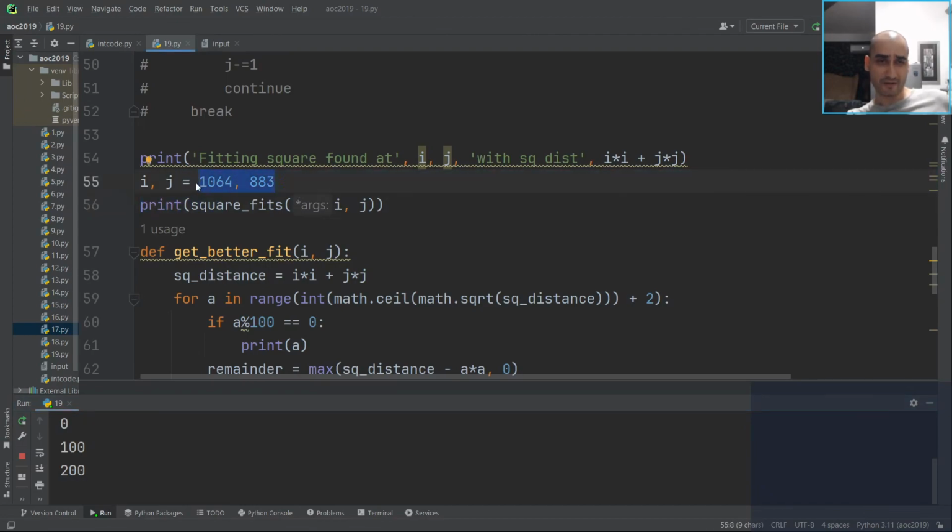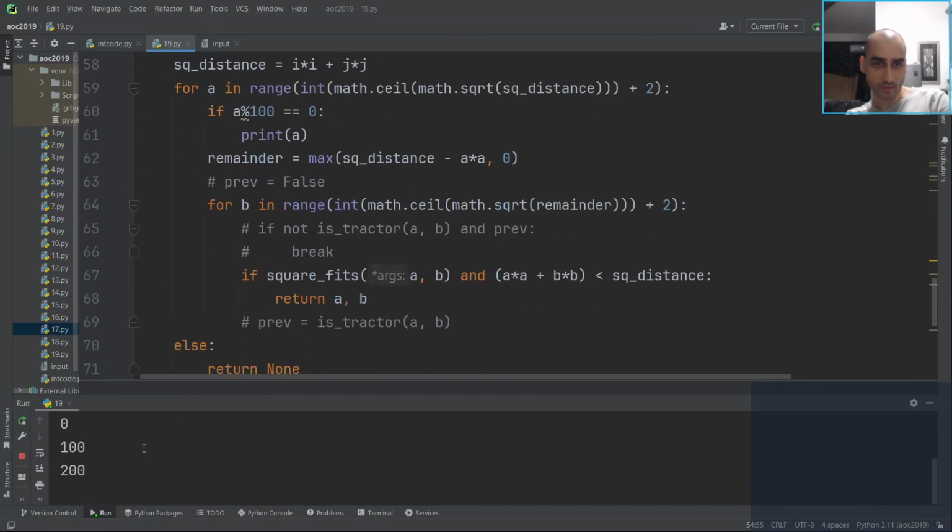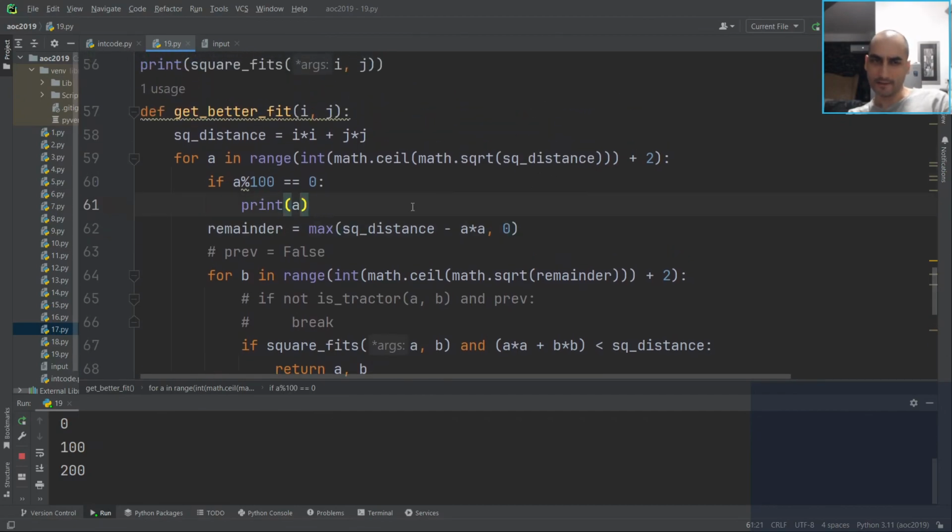So if we try every possible point with a lower square distance than this, and none of them have a square fit, then we've proven, haven't we, that this is the answer. So if we're still failing here, it can only be a small hiccup in the logic or the calculations here, but the amount of work we do can never be more than that. Like, that is the proof, or that there is nothing better. Right?